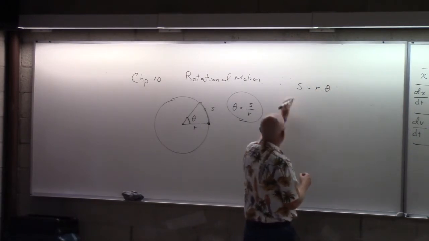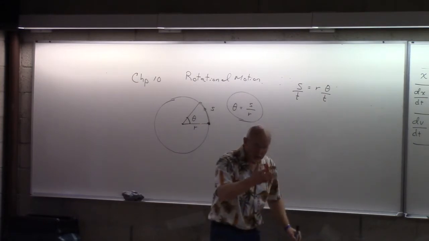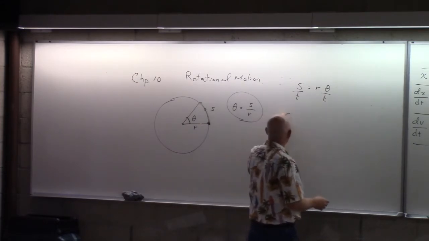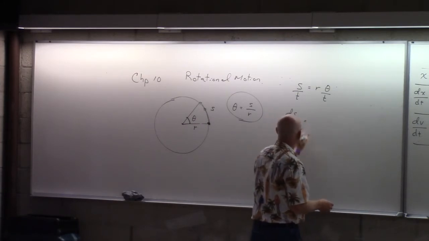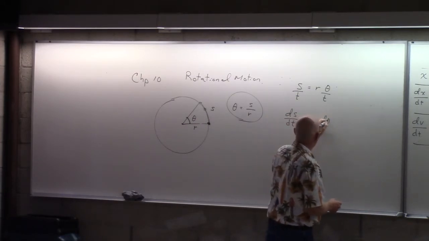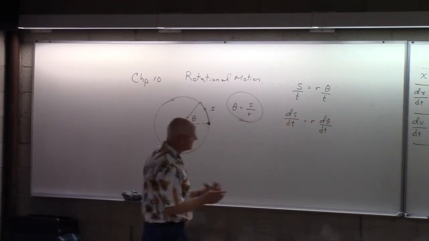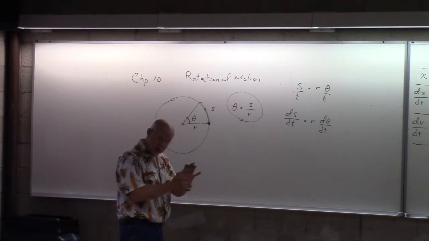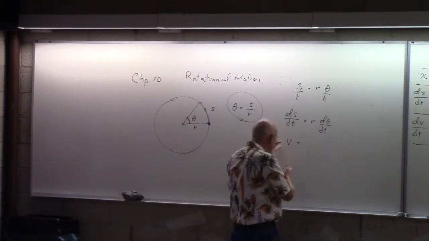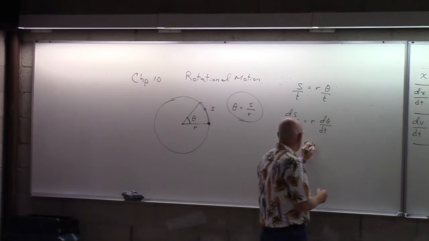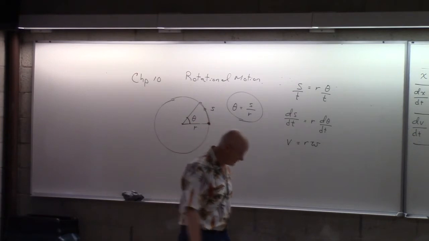If you were to divide by time, or really more appropriately, take the derivative with respect to time, noting that the radius doesn't change, so taking a derivative you can pull it out, we get the translational velocity is equal to r times the angular velocity.